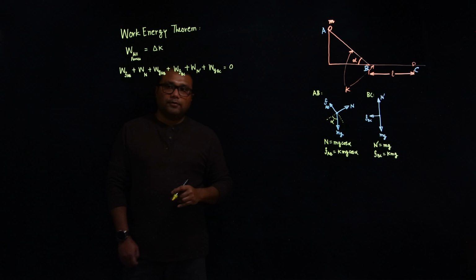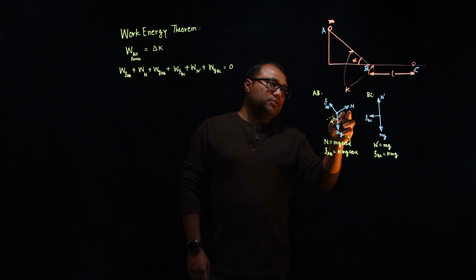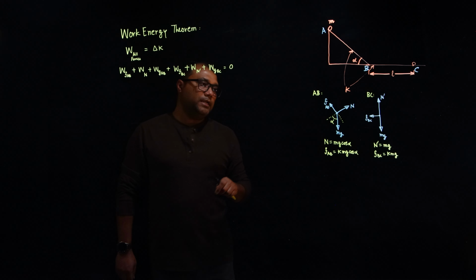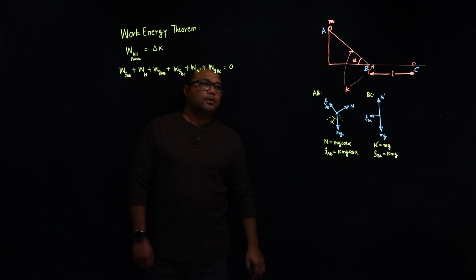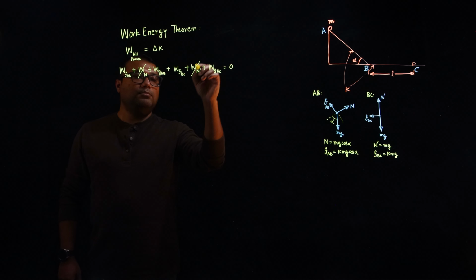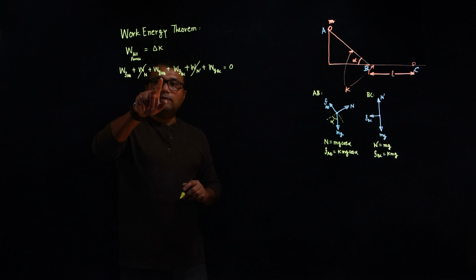Now there are a few obvious things that we can find out. Work done by the normal reaction N and N dashed is both 0 because the displacement is perpendicular to the normal reaction. Now let's look at the easy ones.